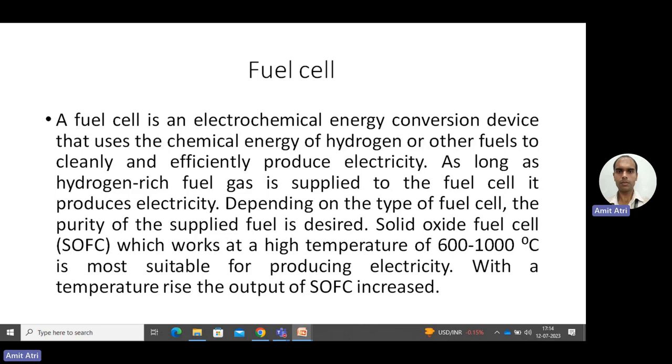Here we need not use pure hydrogen, any other hydrogen-rich fuel can be used. So the syngas, producer gas or fuel gas produced by pyrolysis or gasification of municipal solid waste is a suitable fuel for a solid oxide fuel cell. And further, with the increase in temperature, the output of the solid oxide fuel cell is also increased.